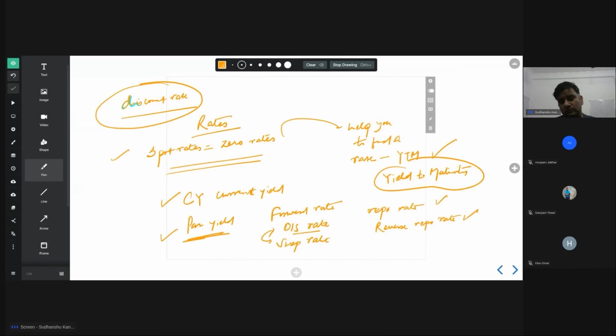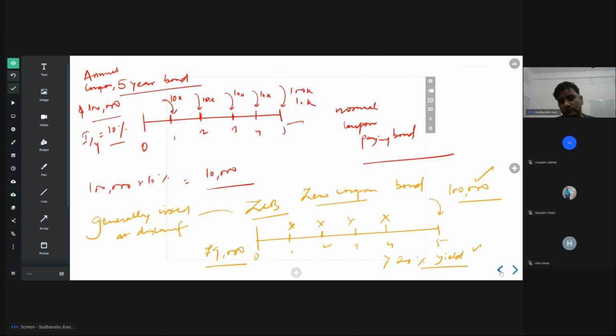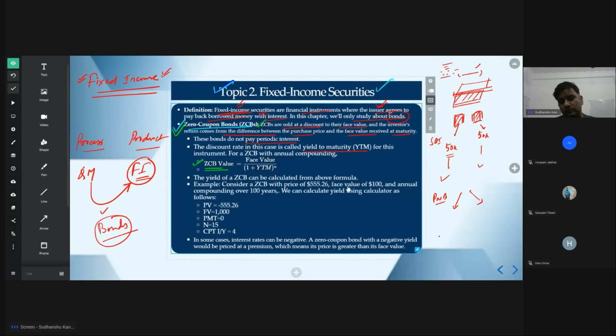Now, the next point which I want to highlight here is, if you go back here, the discount rate in this case is called yield to maturity for this instrument. For a zero coupon bond with annual compounding, face value divided by (1 plus YTM) raised to power n is equal to the ZCB value, right? Now, this is again interesting.